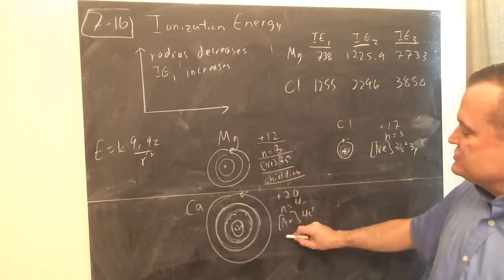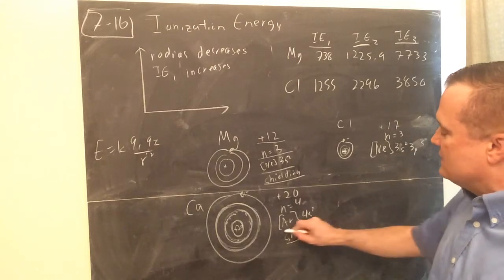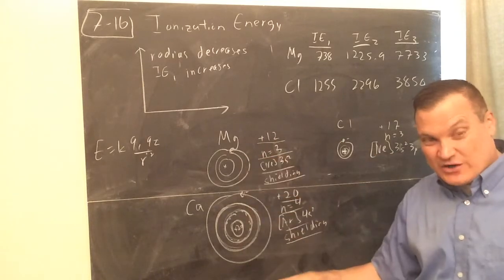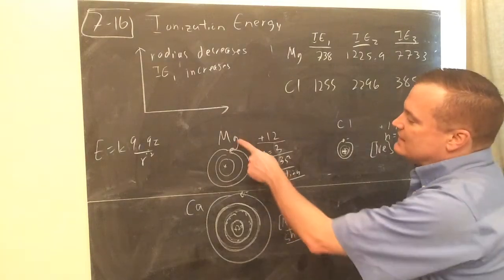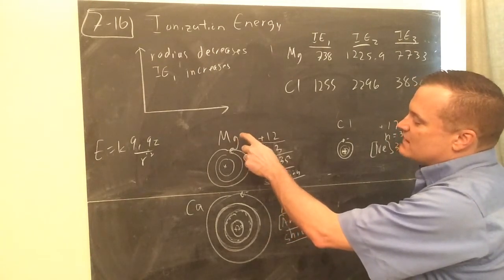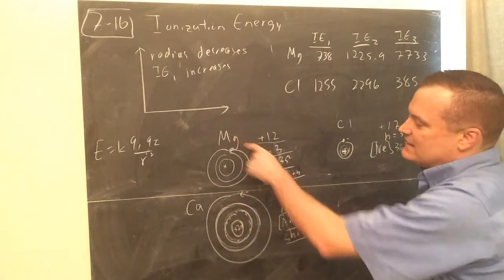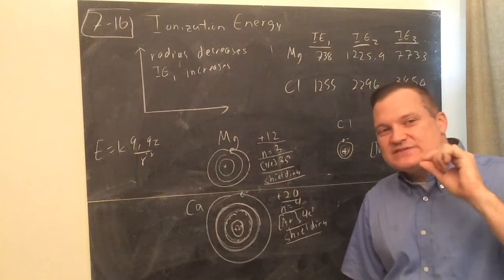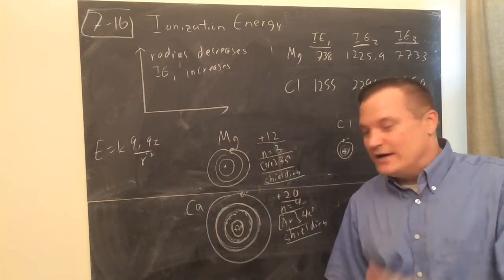All right, and shielding really only matters, well, I'm going to talk about an exception in a little bit, but it really only matters going down the chart. If you ever say calcium's a larger atom because it has more shielding than magnesium, well, that's true, but whenever you say the word shielding, I want you to tell me who is shielded by what.